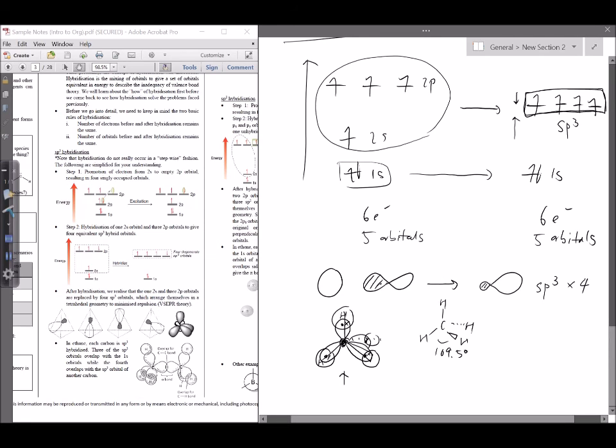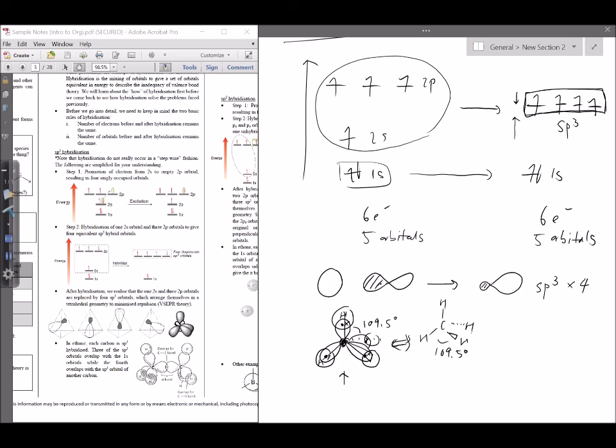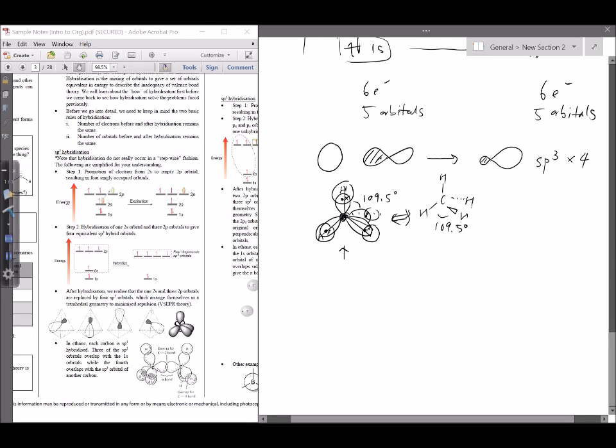And in order to minimize repulsion, the bond angle will be 109.5 degrees as well. So this theory, hybridization theory, actually describes your geometry as well as your number of bonds very well. That's why hybridization should be used instead of valence bond theory for structures. So this is for your sp3.